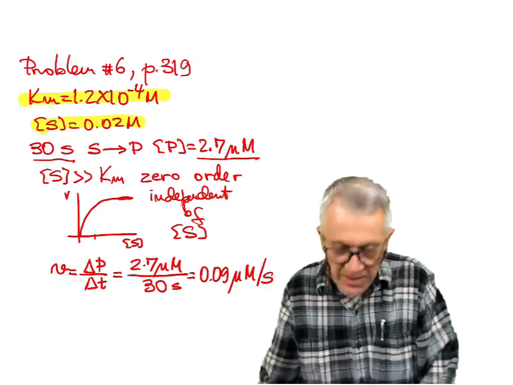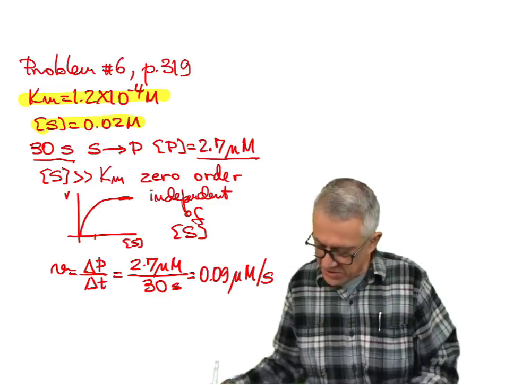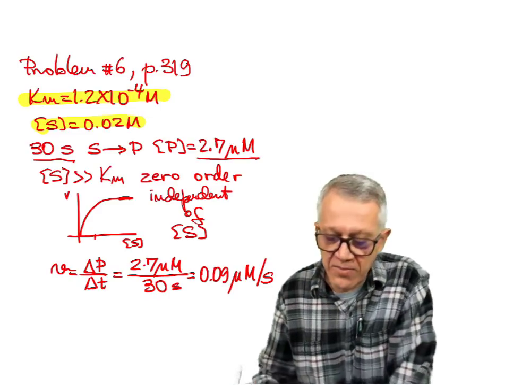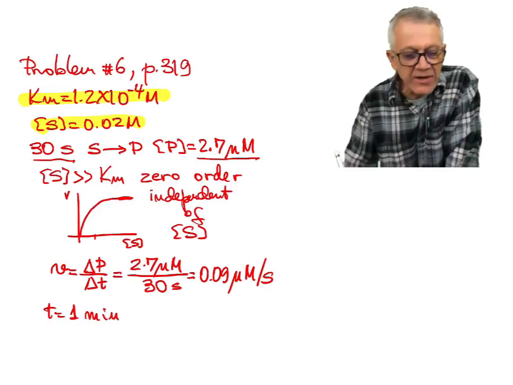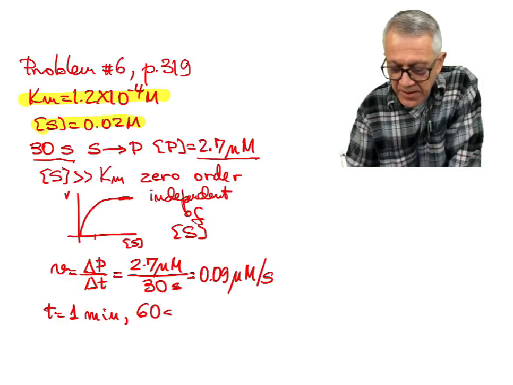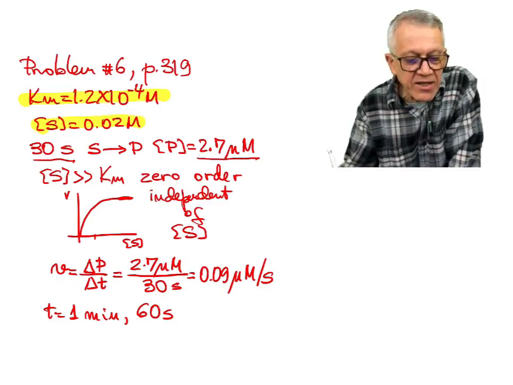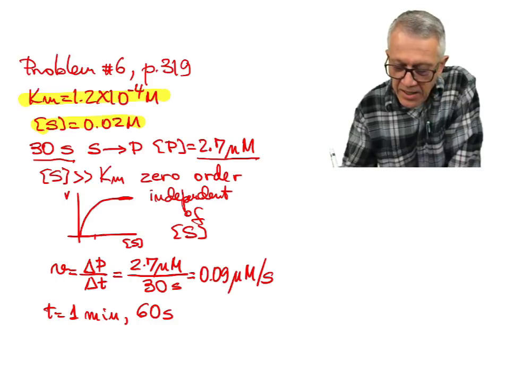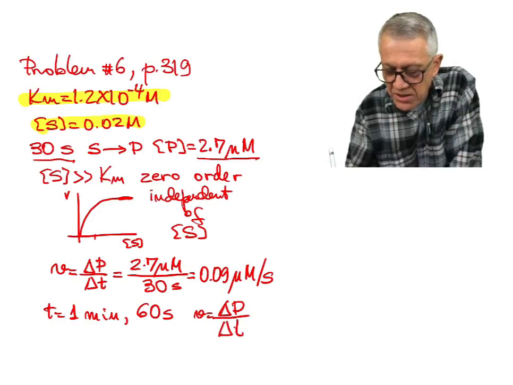Now the question asks, in part A, how much product will be present at 1 minute? Then all we have to do is calculate this the same way. Since we are working with seconds, it might be better to use 60 seconds instead of 1 minute. The velocity of the reaction was delta P over delta T. So delta P equals V times delta T, right?